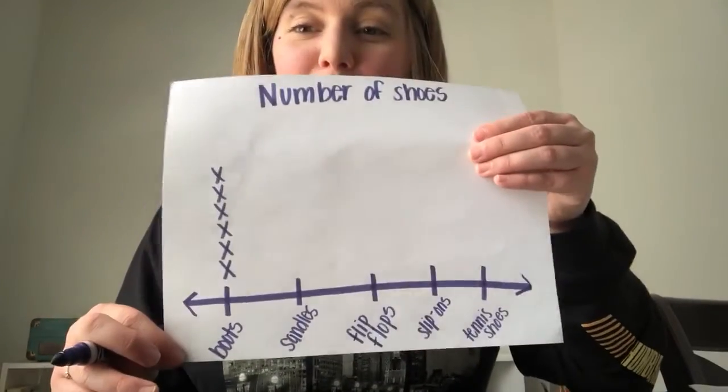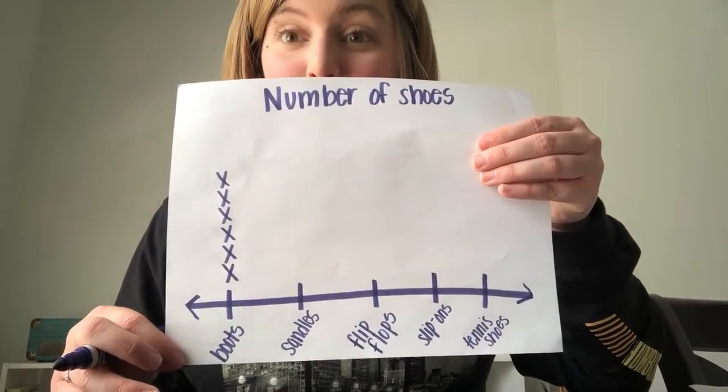So, my boots. I'm going to mark 6 X's above my boots. 1, 2, 3, 4, 5, 6 X's above my boots because I have 6 pairs of boots. I know, 6 pairs is so crazy. All right, I'm going to go ahead and finish drawing my X's.